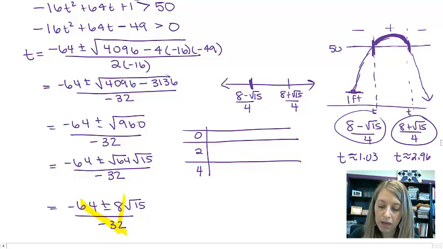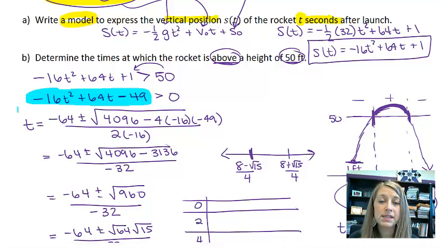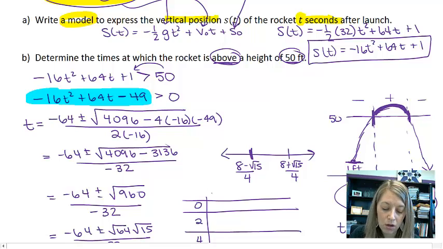What am I going to plug it into? I'm going to plug it into this equation here. Unfortunately, there isn't a factored format of that equation, so we're just going to have to plug it into the equation itself. So I will let you do that work on your own. 0 is really easy to plug in. If I plug 0 in, of course, I just get out negative 49, so that's going to give me a negative here.